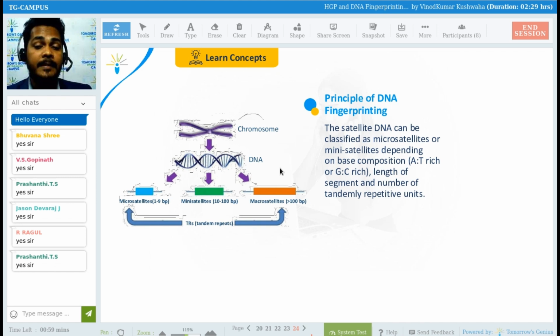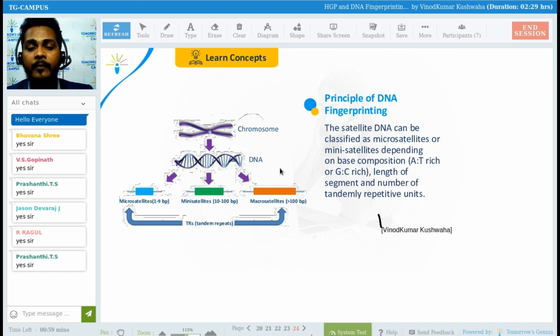Now, why is it necessary to segregate the satellite DNA? Because satellite DNA can be classified as microsatellite. I have told you about the microsatellite and minisatellite also, right? They are classified as microsatellite or minisatellite depending on the base composition, meaning whether they have an AT-rich region or a GC-rich region, the length of the segment, and the number of tandemly repetitive units.